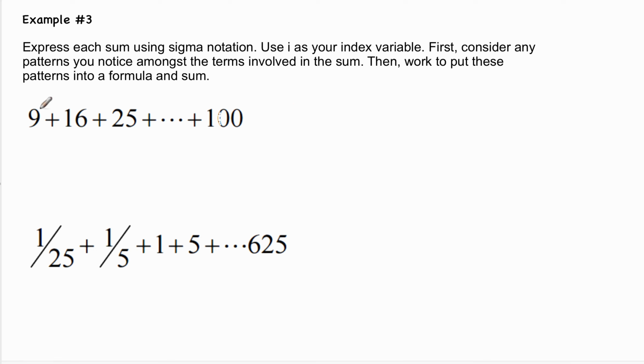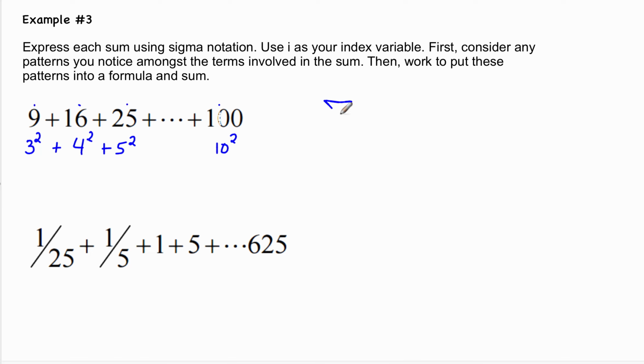Well, look at the numbers. 9, 16, 25, 100. Hopefully your brain says, well, they're all perfect squares. Oh, I see it now.